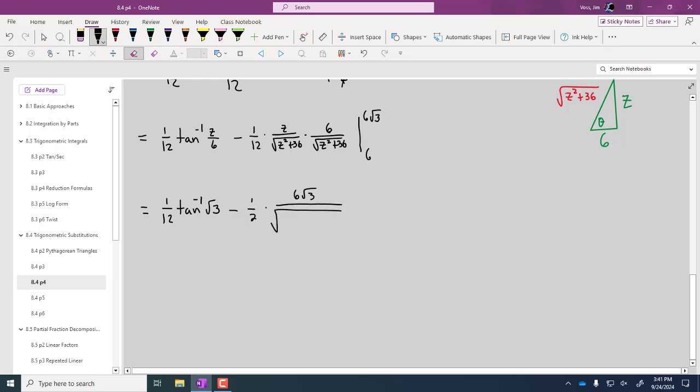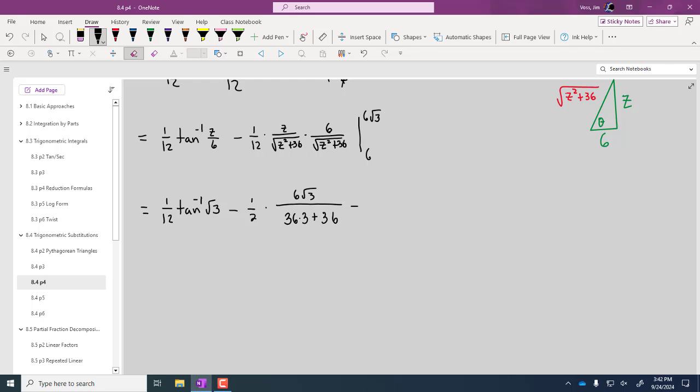Oh, square root times the square root, they cancel. 6 root 3 squared is 36 times 3 plus 36. We'll multiply that out in a second. So that's what we get when we plug in the 6 root 3. The square root times the square root cancels to just the inside. The inside is z squared plus 36. That squared is 36 times 3. 6 divided by 12 is a half.